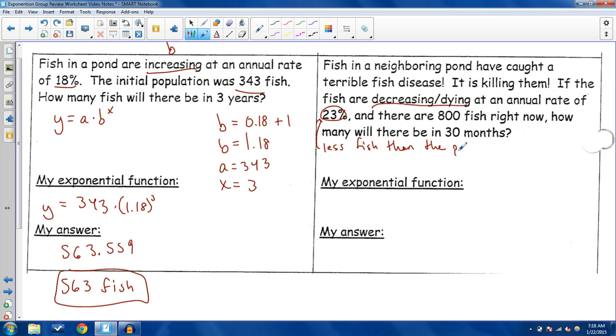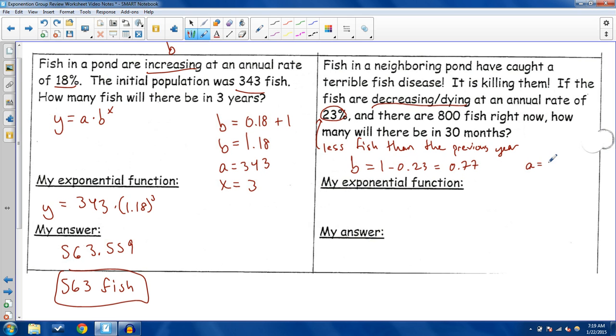They're not saying 23% of what you had, like if you had 100, now you have 23. They're saying if you had 100, now you have 77. You have 23% less then. So for B, we're going to do 100% minus 23%, which, as I said before, is 77%. So we're going to take 77% of what we previously had.